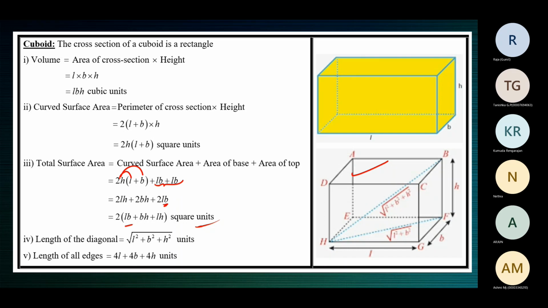AB? Yes, Netra? ABS. No, ABH. Okay, ABH. But according to the marking here, anybody else?